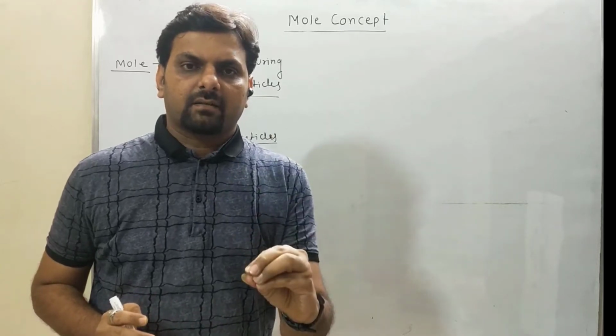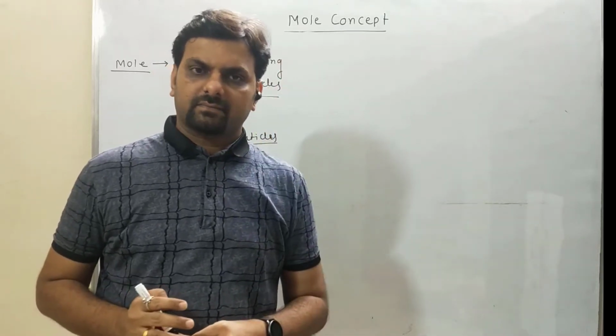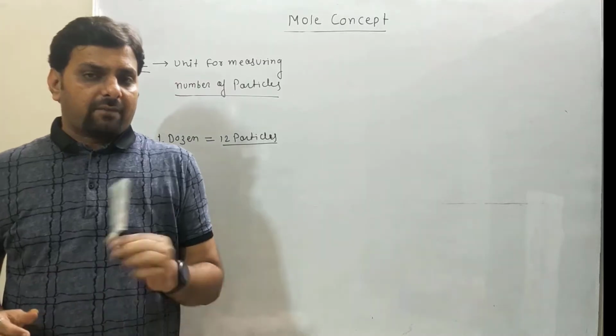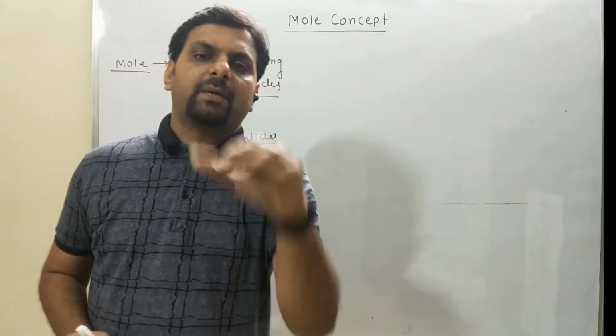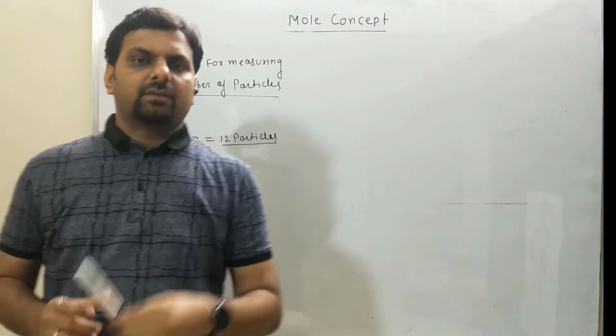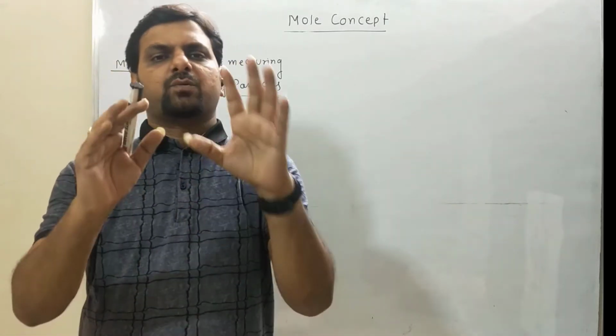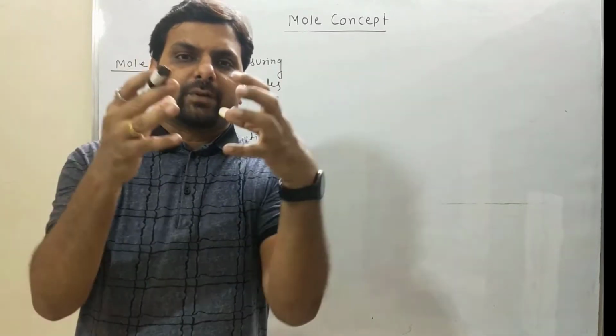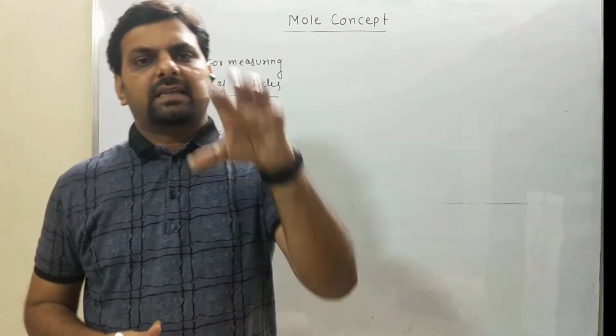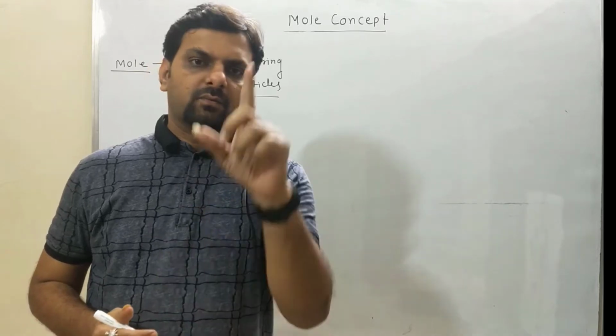You will bring 12 apples. Similarly, if I tell you to bring 1 dozen pens, you will bring 12 pens. That means whenever 12 particles or 12 units are present together, they are collectively known as 1 dozen.